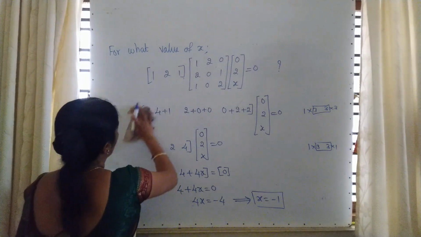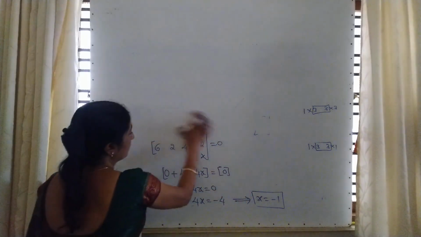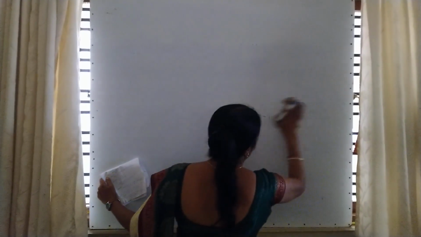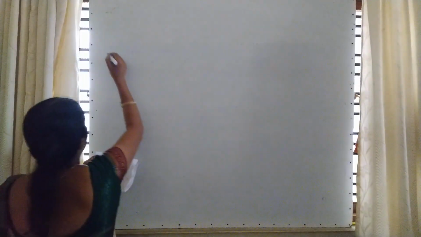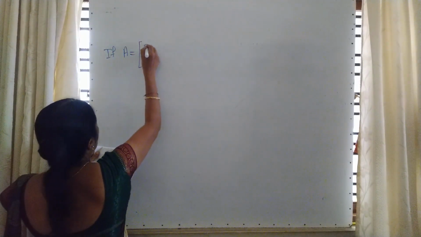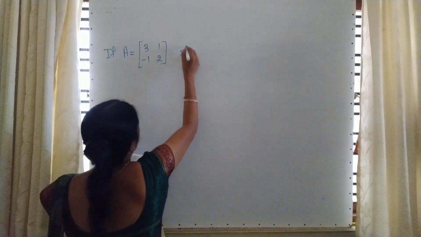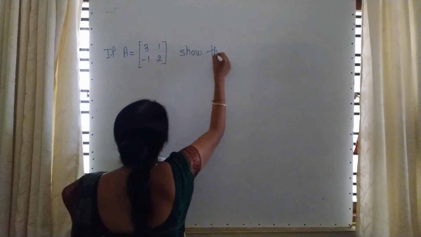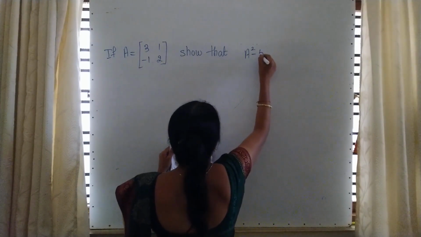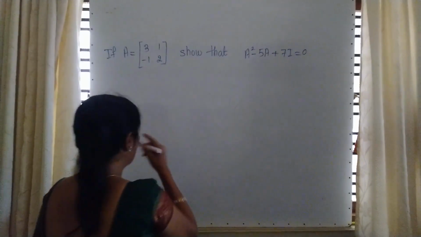Next, moving to the next problem. If A is the matrix 3 1, minus 1 2, show that A square minus 5A plus 7I is equal to 0.